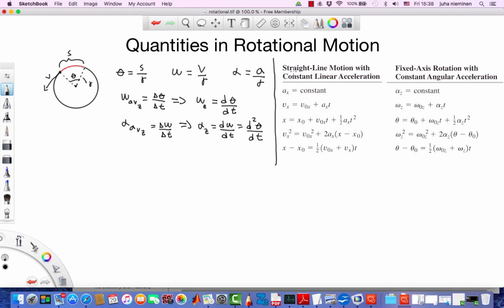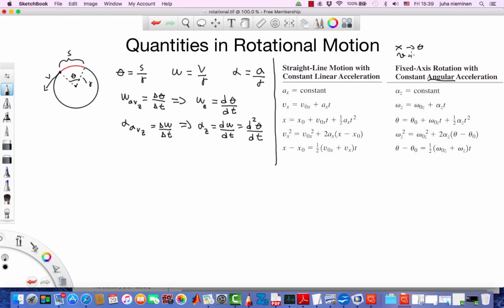Here on the left hand side we have the stuff that we learned earlier for linear motion, and as you can see, when we are operating in the angular realm, the equations are almost the same, except that the displacement x has been replaced by theta.